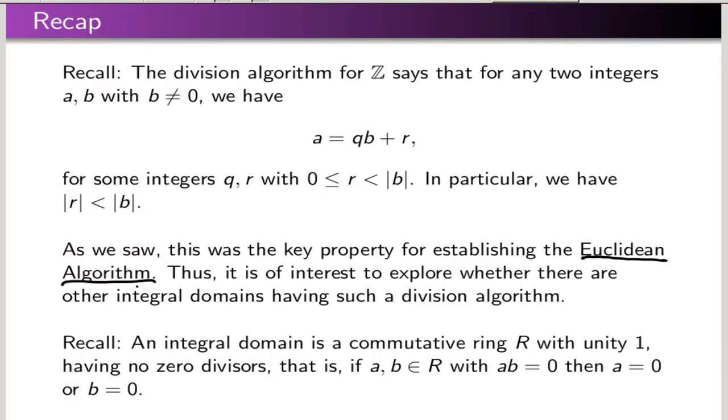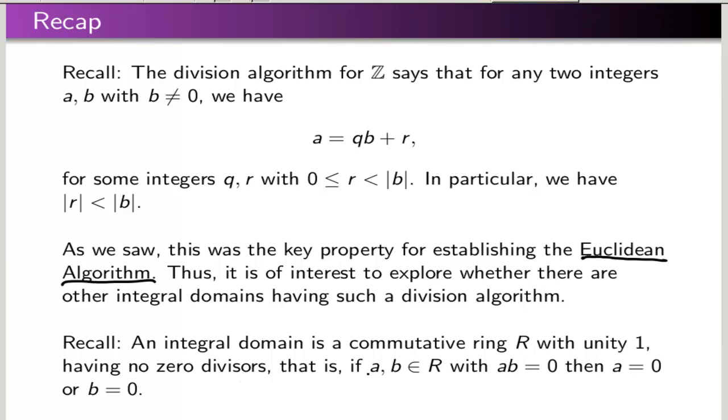So if it's been a while since you've had ring theory, you might take a look in the appendix on reviews of groups and rings and browse through those pages a little bit at this point. So just to recall, an integral domain is a commutative ring with unity element 1, the multiplicative identity, having no zero divisors. So what does that mean?